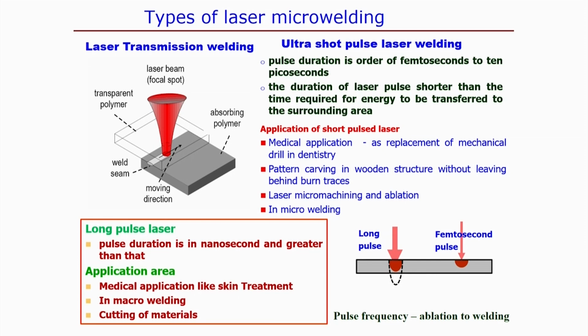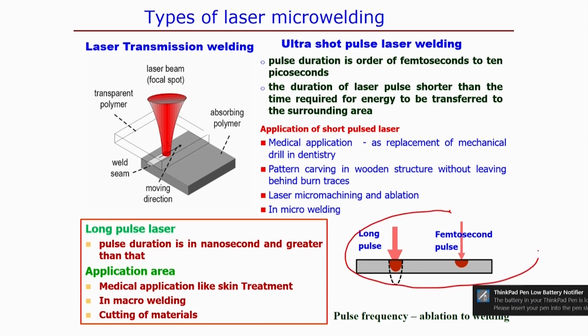But if we look at the figure on the right hand side, there is a comparison between the long pulse laser and the femtosecond, or short pulse, laser. Normally we see that with the long pulse laser, the size of the heat affected zone or molten zone is a little bit larger compared to the femtosecond pulse laser.